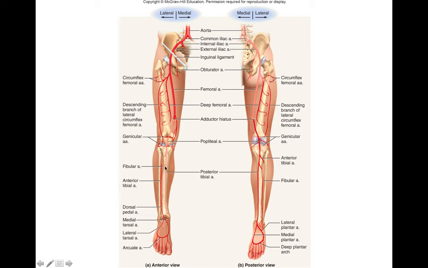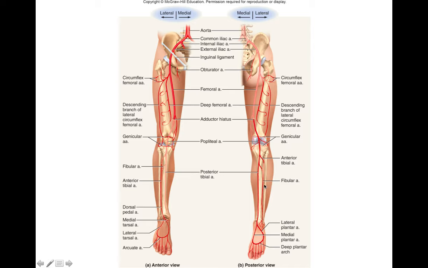You have another split up here, which is the anterior tibial artery. So the artery that runs along the front is the anterior tibial artery, the one that runs along the back is the posterior tibial artery, and then you have one more branch right here, and that's your fibular artery. We can see this a little bit more clearly from the posterior side. So again, here's your popliteal, and then as you follow it down, here's your posterior tibial, because we're looking at a posterior view.